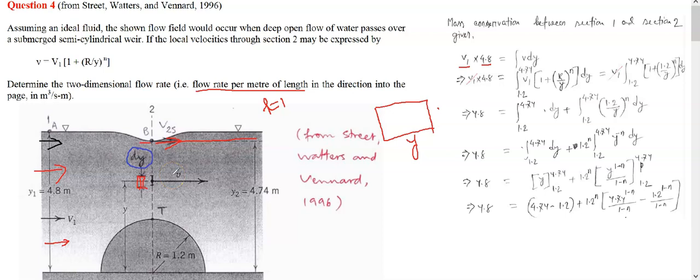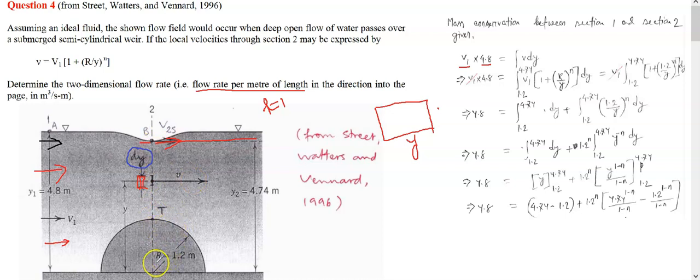Here we will use the principle of integration to calculate the flow rate for the whole domain. We calculate the flow rate for this small section, v dy, and then integrate it. But this is the flow rate for this small section, and we need it for the whole section, so we need to put in the limits.